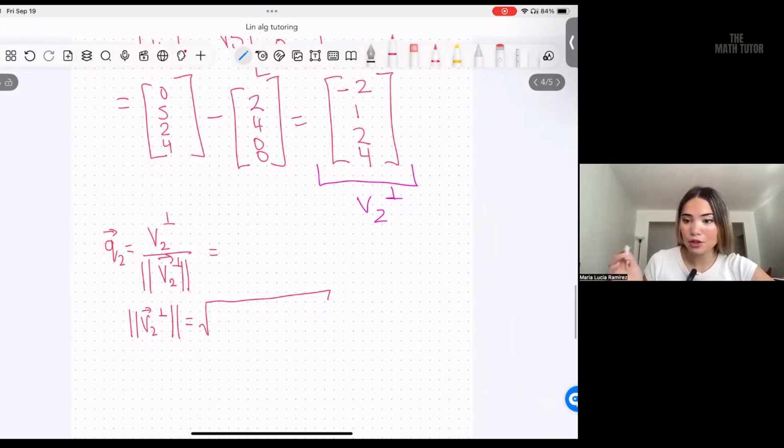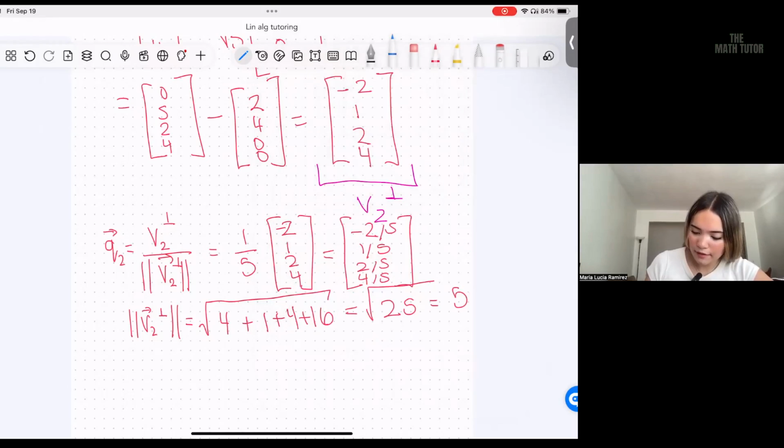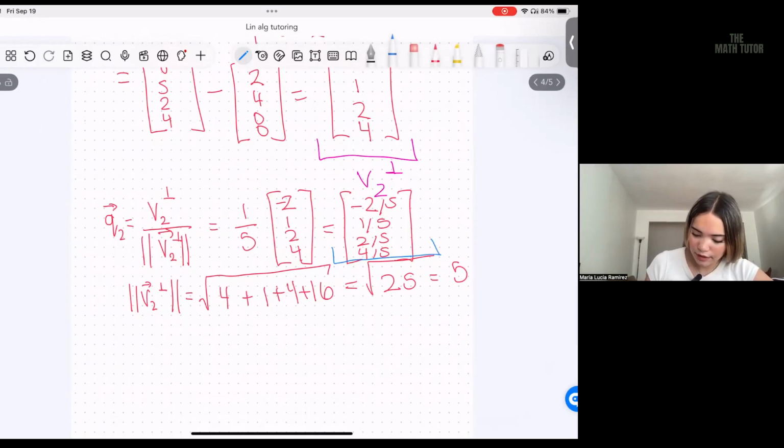So it's going to be negative 2 squared, which is 4, plus 1 squared, which is 1, plus 2 squared, which is 4, plus 4 squared, which is 16. So this is just going to be root 25, which is just 5. So we're going to do 1/5 and then multiply that by what we got for V2. So negative 2, 1, 2, and 4. So this is what we get for Q2 right here.